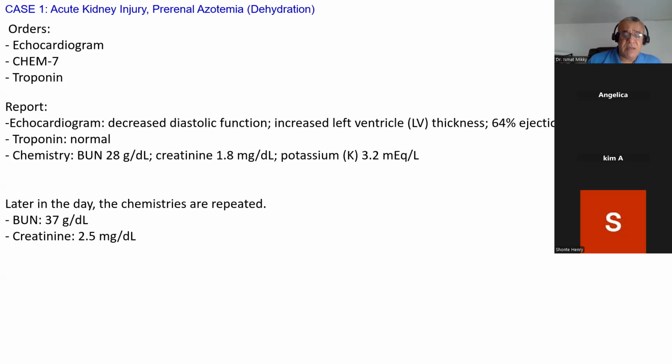When the BUN to creatinine ratio is over 20 to 1, like 20 BUN to 1 creatinine, this is most likely going to be pre-renal azotemia due to decreased perfusion.